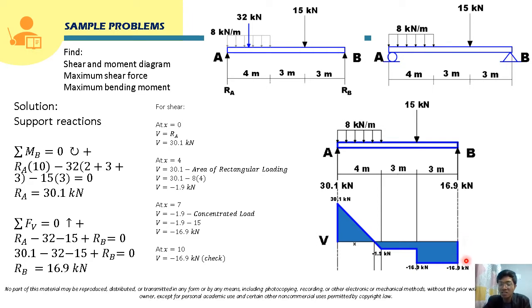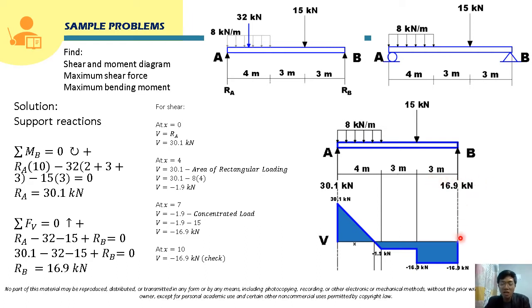That is our rule, class: the shear diagram should always close. If the shear at this point is negative 16.9, the reaction here should be 16.9. You have to check that always.